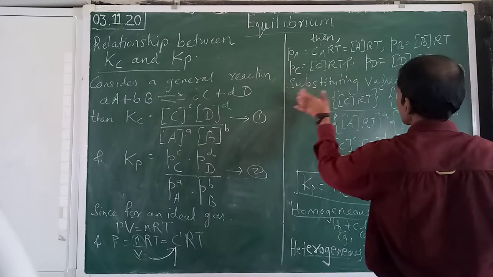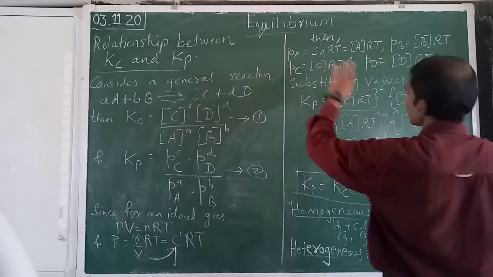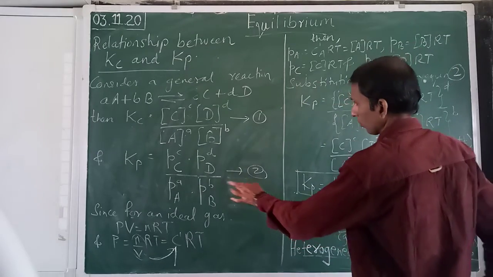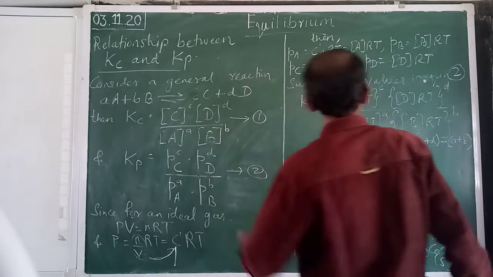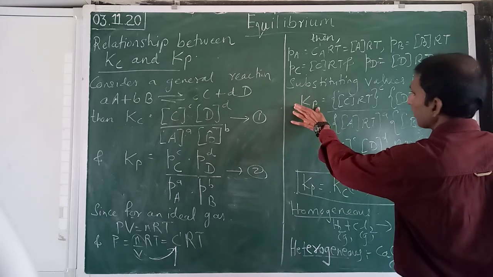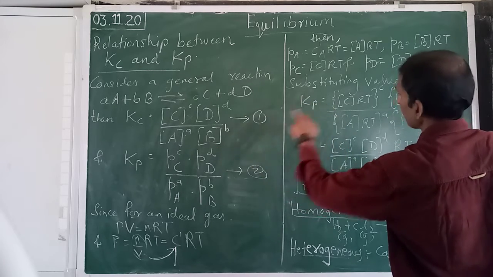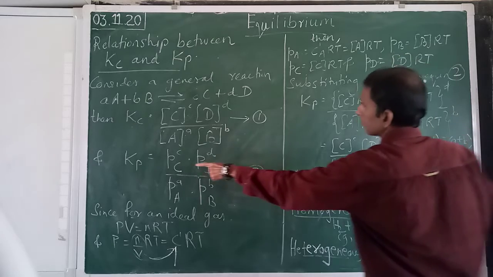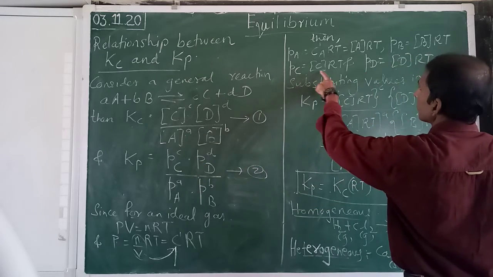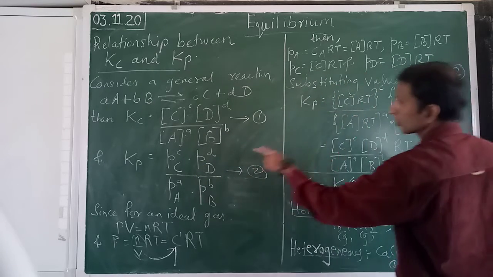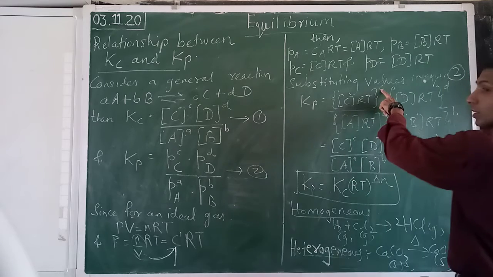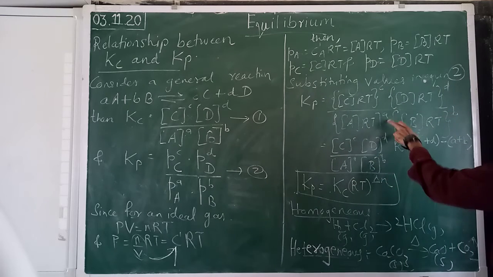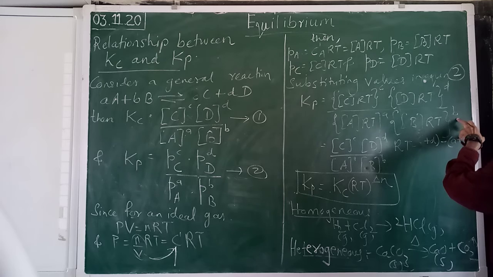Substituting these values in equation number 2, we get Kp is equal to [C]RT raised to c, [D]RT raised to d, [A]RT raised to a, [B]RT raised to b.